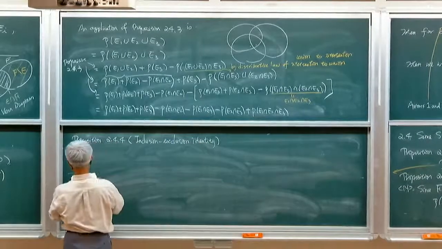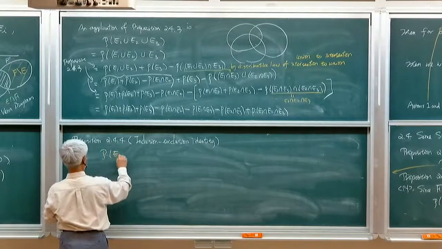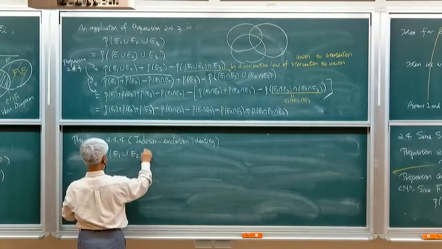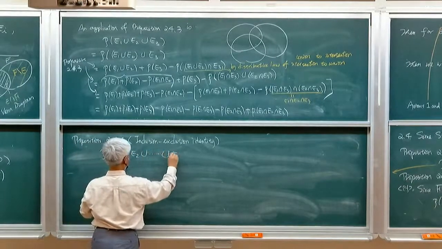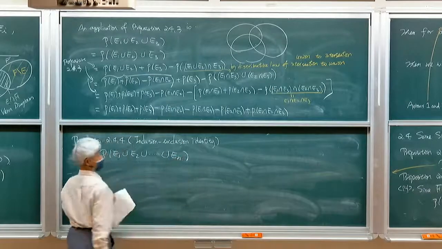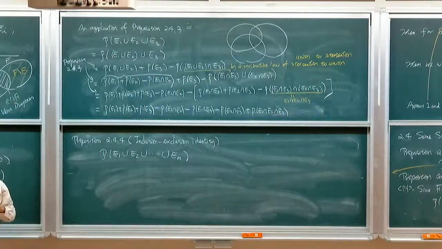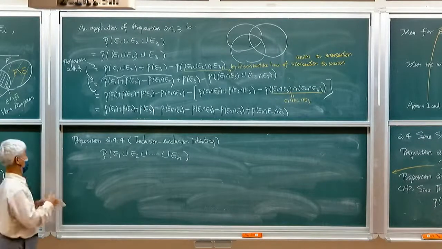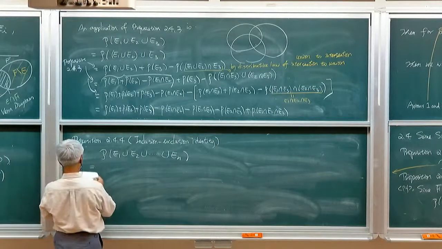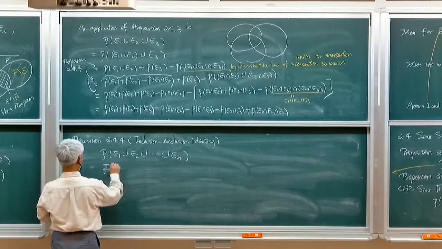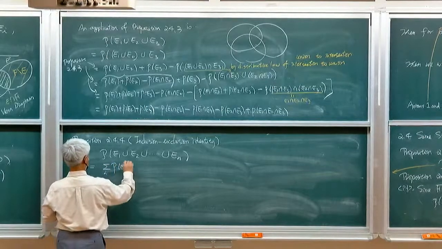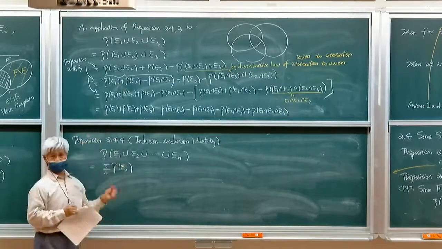It says that the probability of E1 union E2 union up to En. So suppose we consider the union of n events, then it becomes the summation of individual events. This is inclusion, just like here.